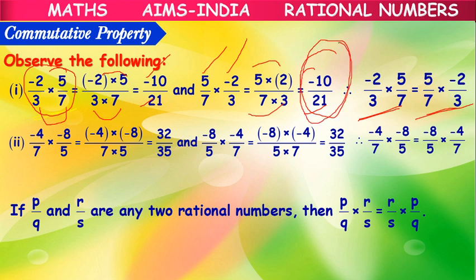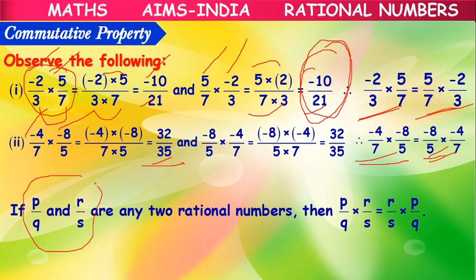Whether you take a negative rational number and a positive rational number, or a negative rational number and a negative rational number, if you do the product, it will be the same. Means if we take two rational numbers, while multiplying, if we change the order, there will be no change in the result.